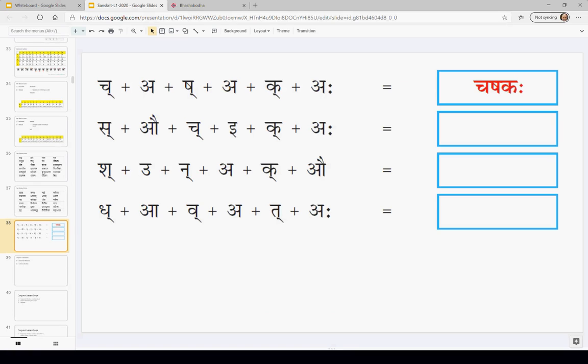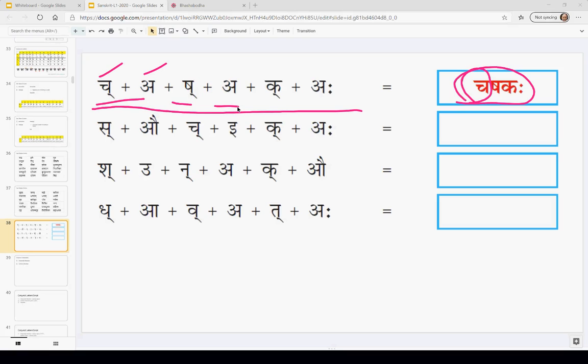So this we saw just now. In Devanagari, when we write Chashakaha, it actually has all these different sounds in it. This is the Varna Krama, or the order of the sounds. Cha, then Sha, and then Ka, A and Visarga.